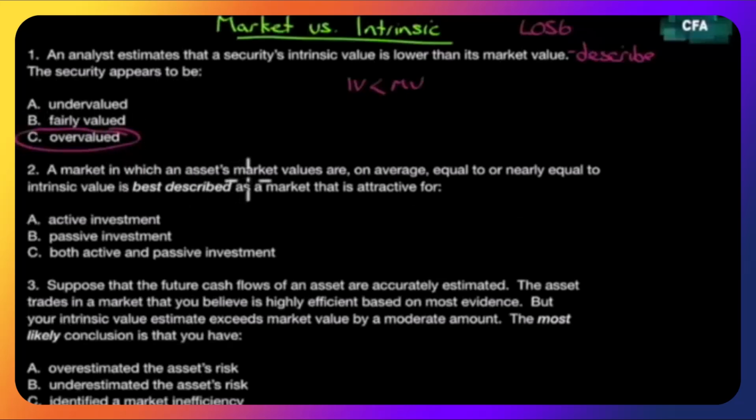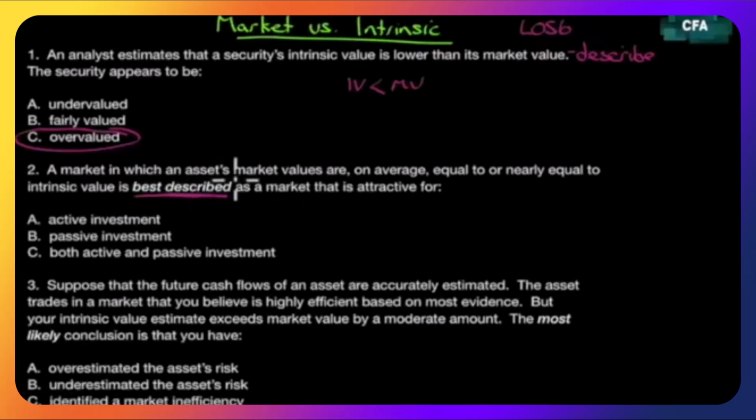A market in which an asset's market values are, on average, equal to or nearly equal to intrinsic value is, notice these words here, best described as a market that is attractive for active, passive, or both active and passive investments. Now, you might say, well, active, you can make an argument for all three, but is best described, you got to watch this, is best described.